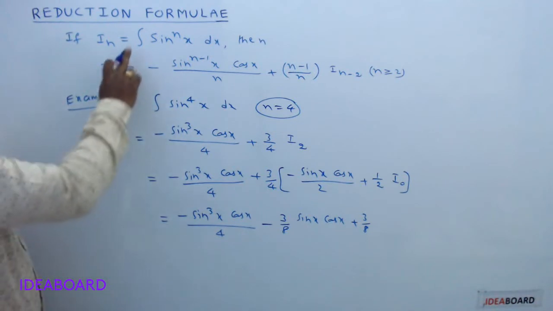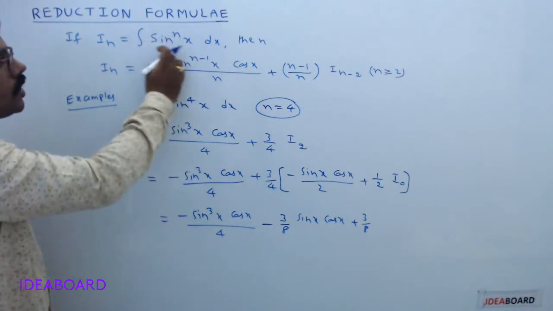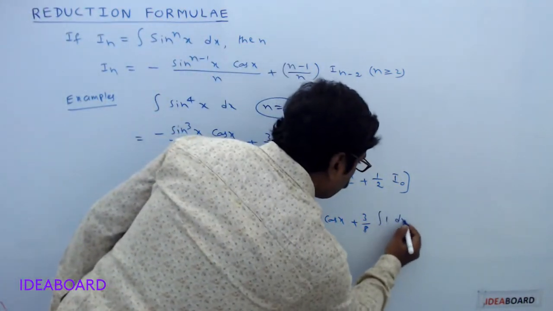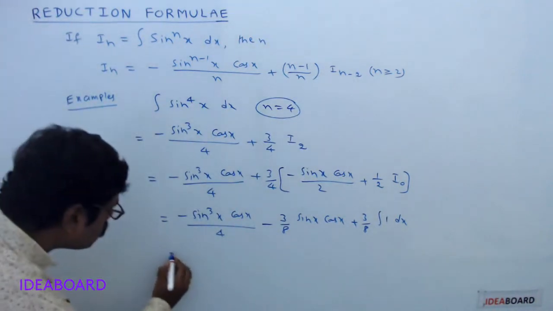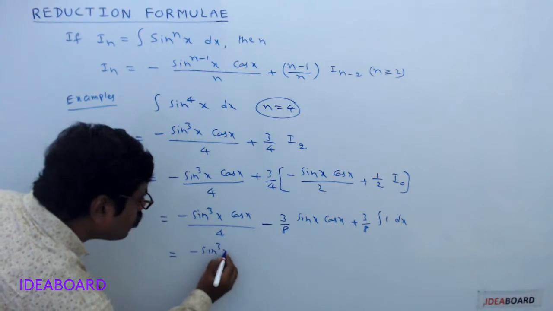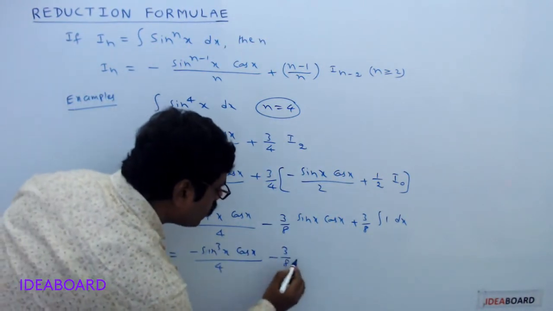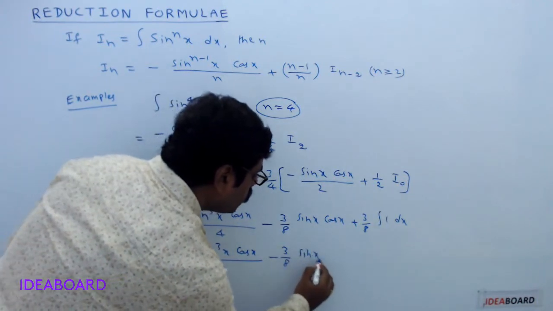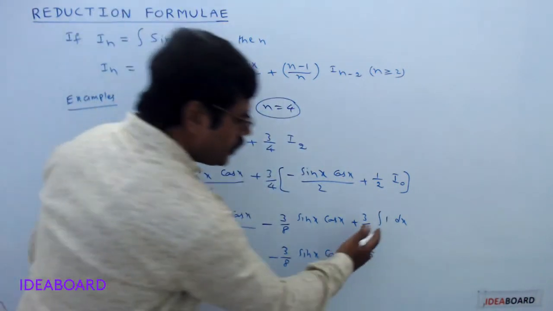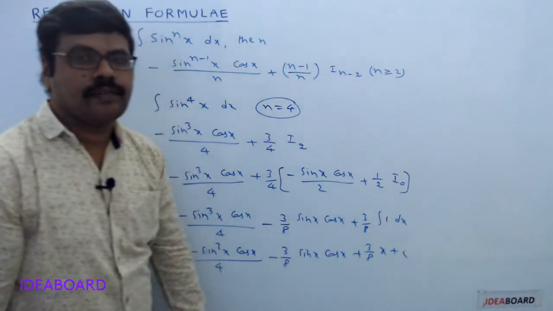I0 equals integral sin power 0 x dx. So this value will be 1, so this is integral 1 dx. This equals minus sin cube x into cos x divided by 4 minus 3 by 8 into sin x cos x plus 3 by 8 into integral 1 dx, which is x, plus a constant c.